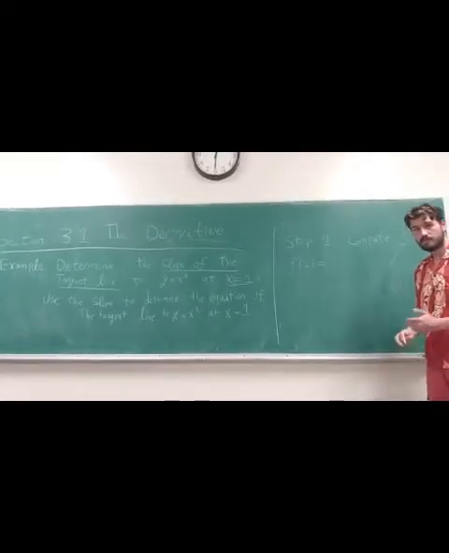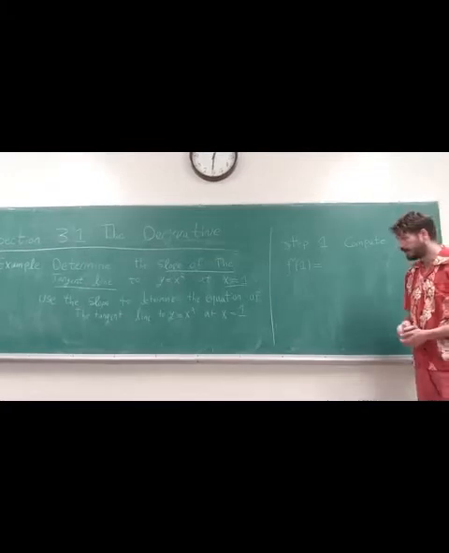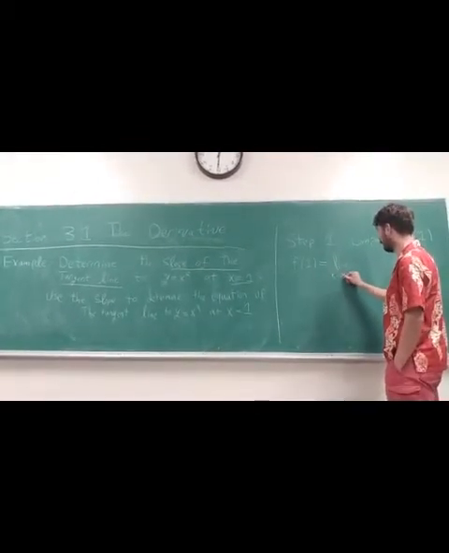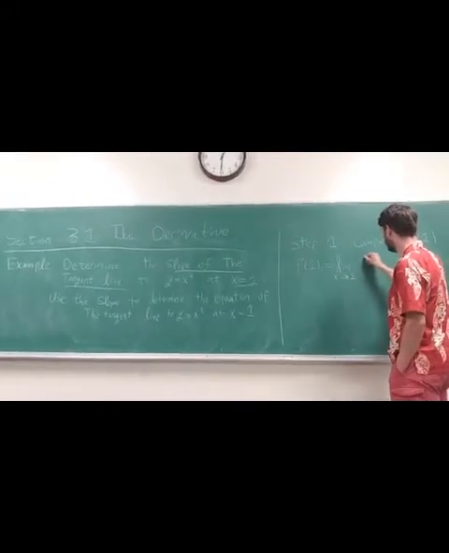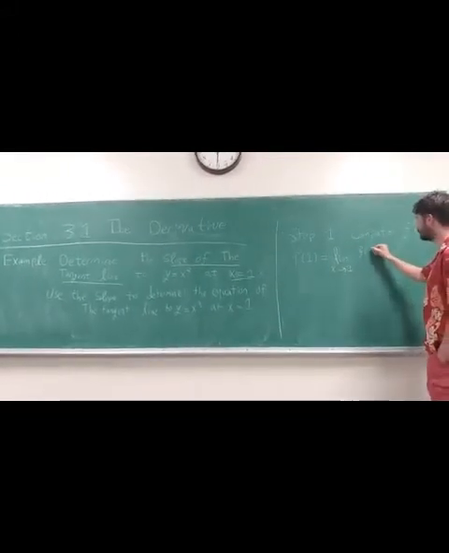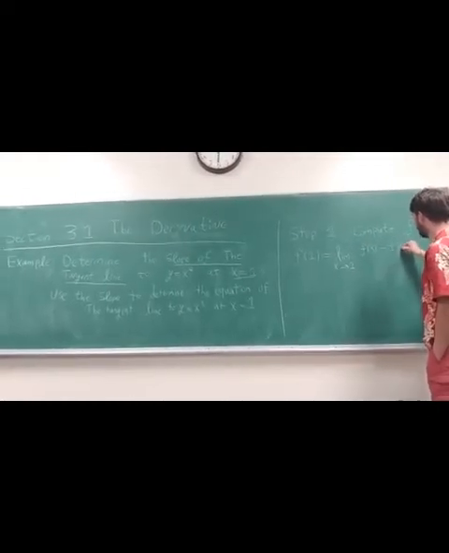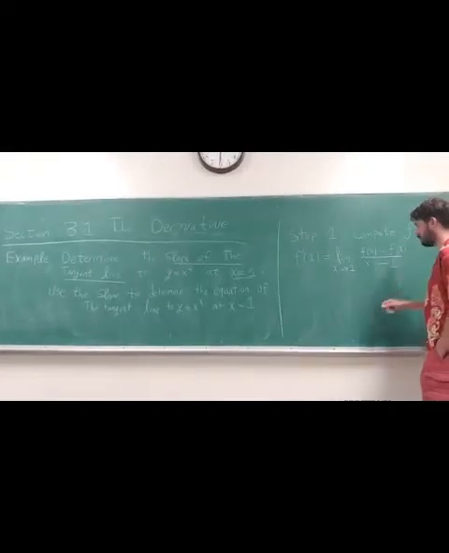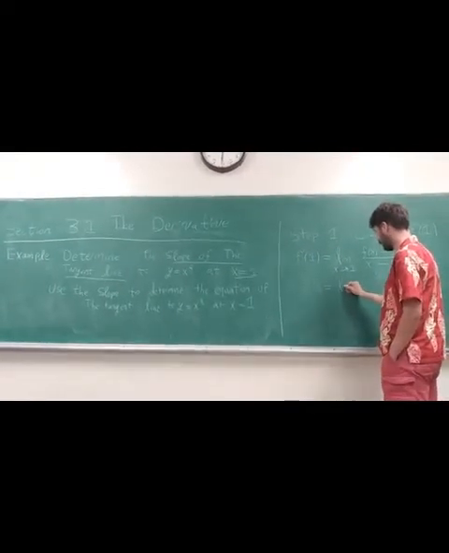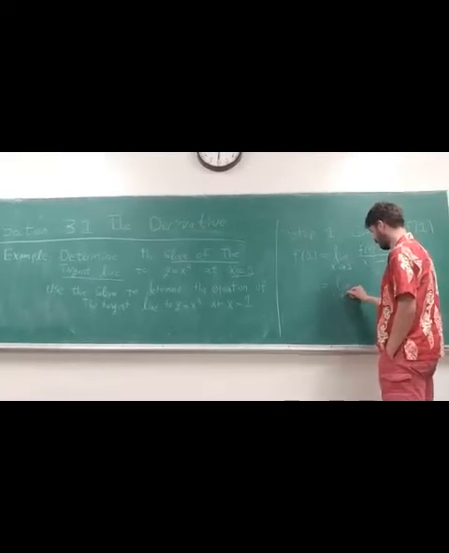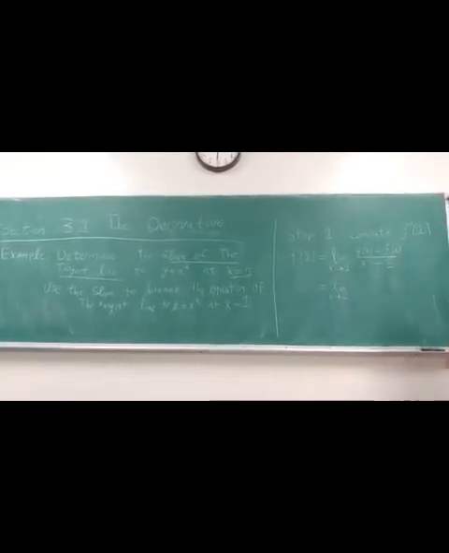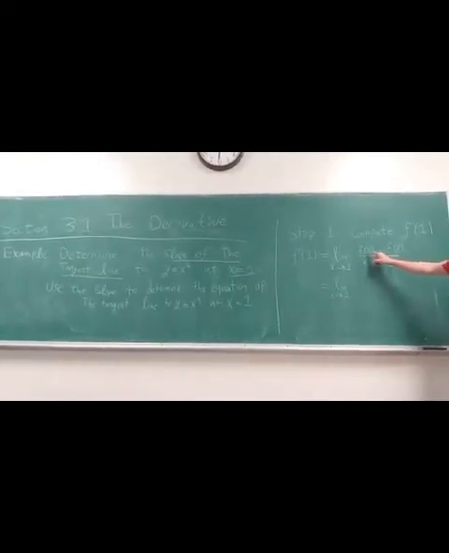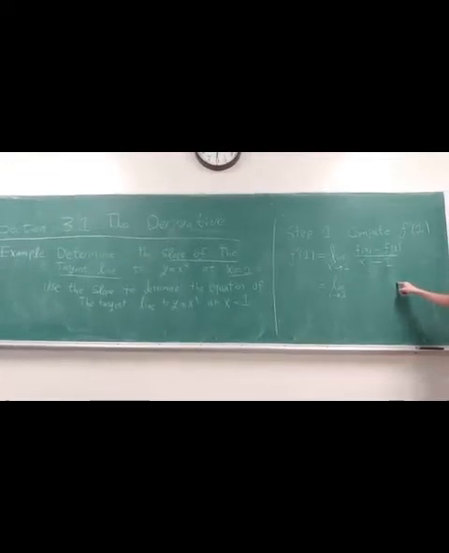If you recall from the definition of the derivative in the first video, the derivative of the function at x equal to 1 is the limit as x approaches 1 of f of x minus f of 1 over x minus 1.